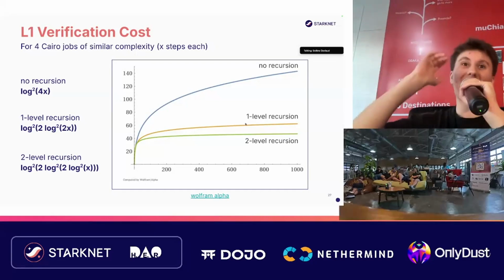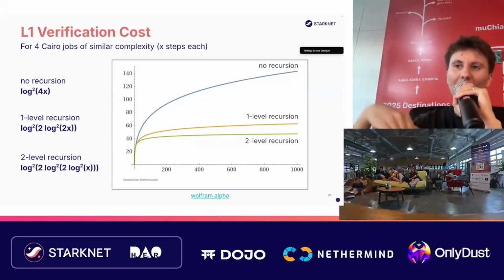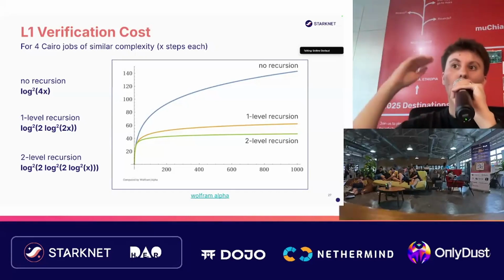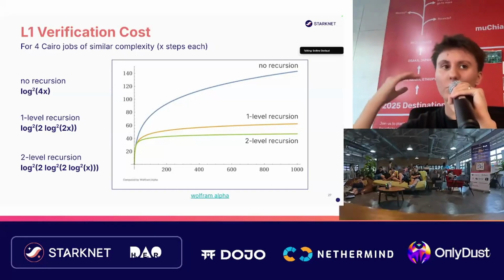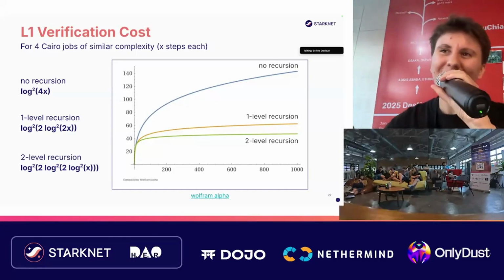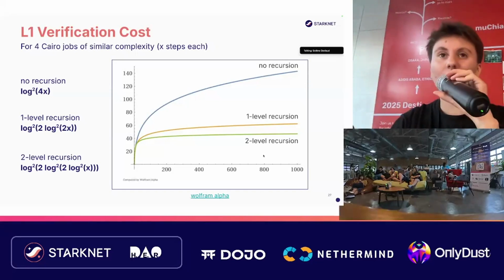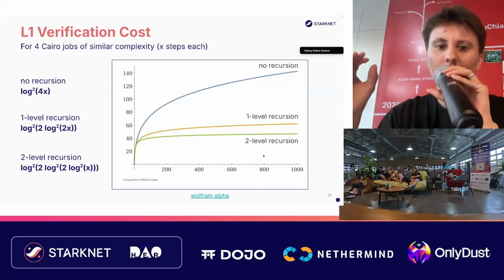If you add another level, it's again lower, and so on. You can have so many levels. And that's why the verification cost is super, super low on Starknet.